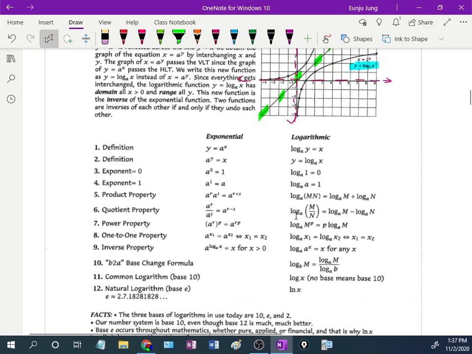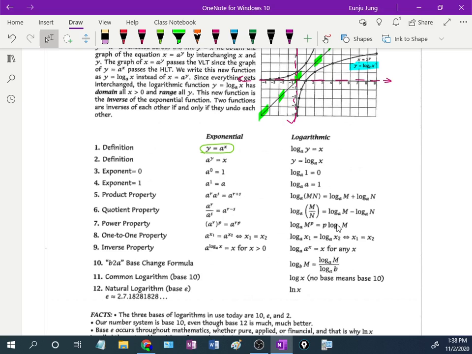Even though we are talking about the same properties, same definitions, it can be written different ways based on which form we are using, okay? So let's look at one thing, y equals a to the x power. What is the input? What is the output here? Input is x, output is y. And can we swap those two things?